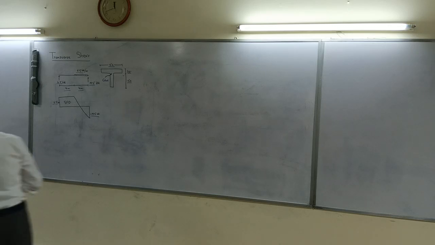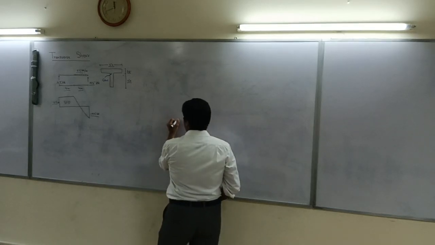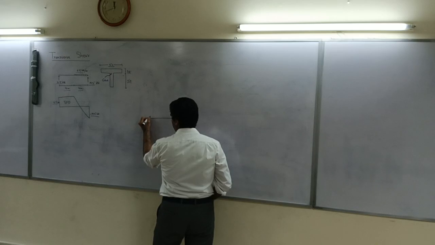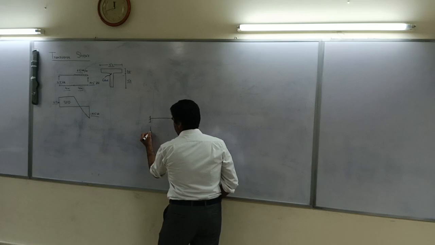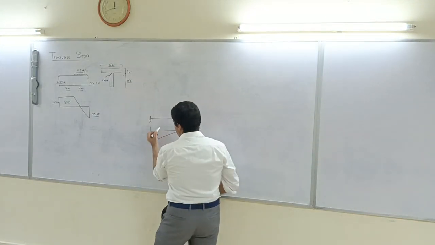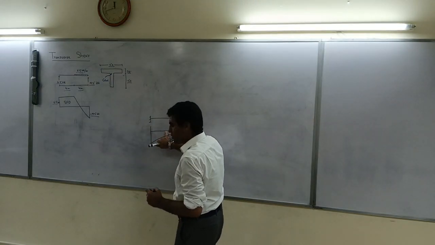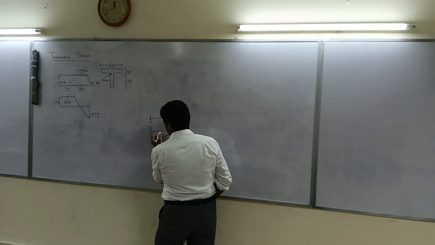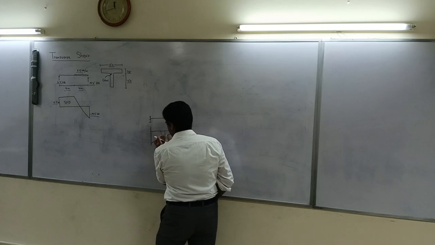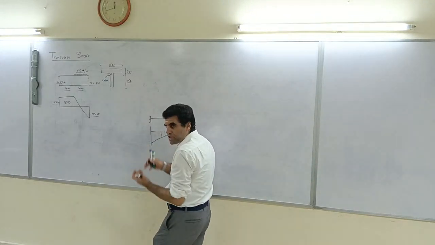For example, if we have a cantilever beam and it is subject to some loading, we draw the bending moment diagram which looks like this. Now you take any two sections, and you can see that the bending moment is changing between these two sections.